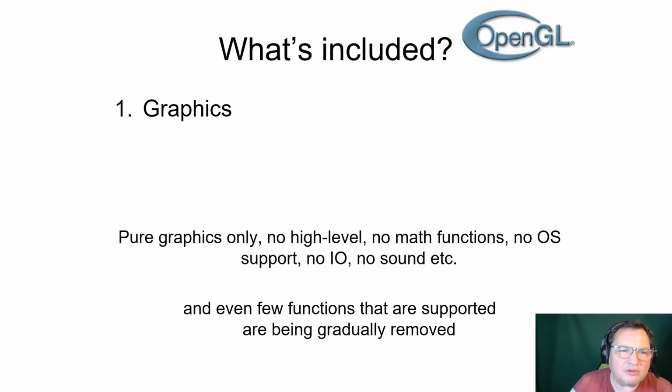So for everything that is not strictly pure graphics, you will need to use some other API, other library, third-party stuff. There are a lot of possible options here, and quite many of them have been designed specifically to support OpenGL, but they are technically not a part of OpenGL.